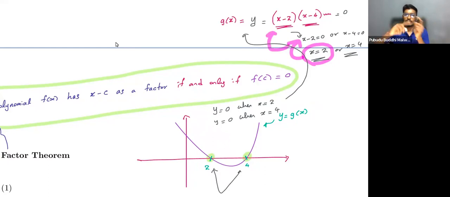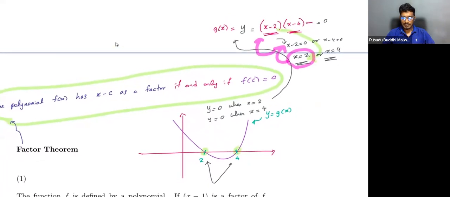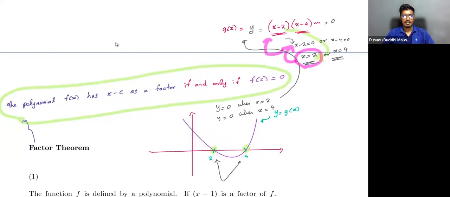And also you can go the other way as well. Whenever you have a factor like x minus 2, then we can claim that x equals 2 is an x-intercept. Yeah, sometimes we use different terms, roots, x-intercepts, like that. But that's the idea. So we can express that idea like this.